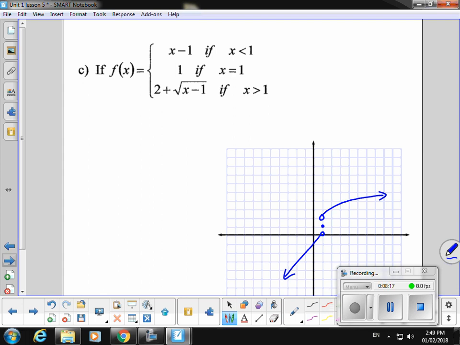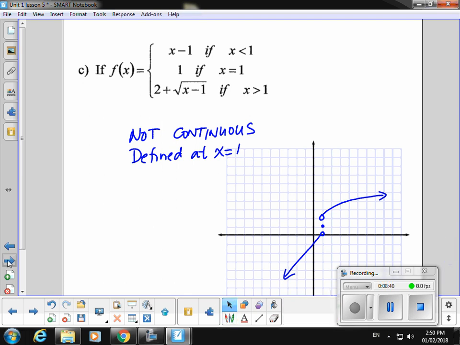But more or less, there is our function. This graph is not continuous. It is defined, however, and we're going to be having a look at that limit as we approach from the right and from the left.